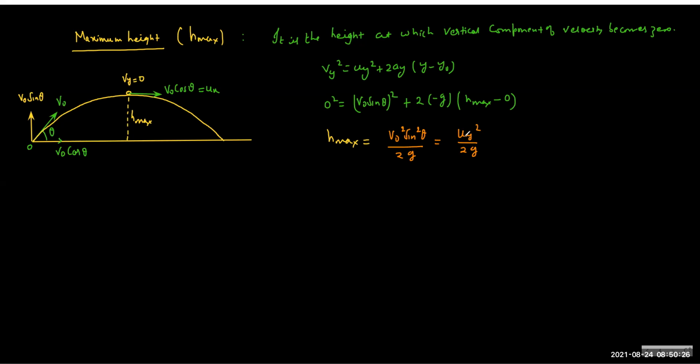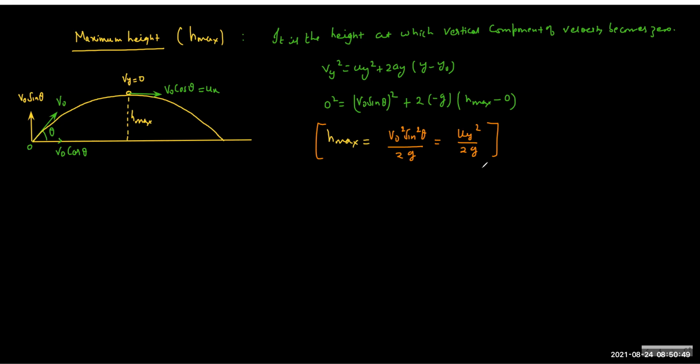When we are writing these formulas, we also need to realize the dependency, on which component the particular answer depends. And we can see that H max has to do with the y component only.